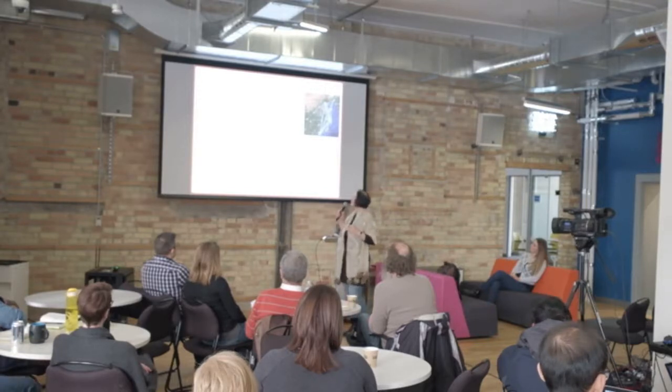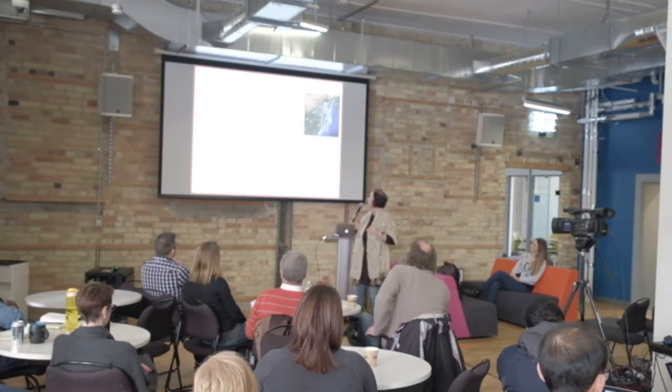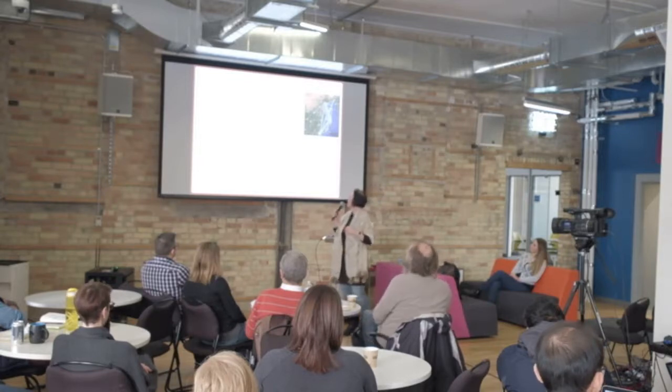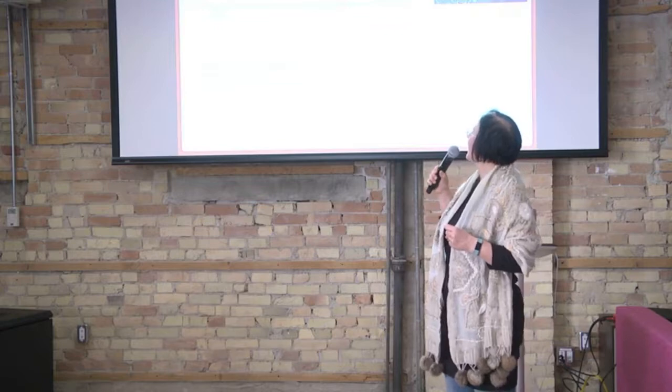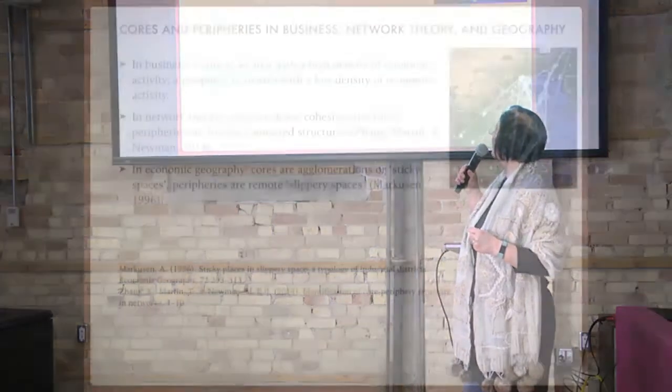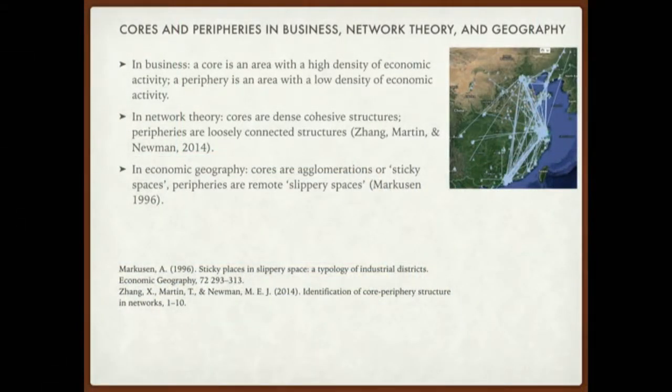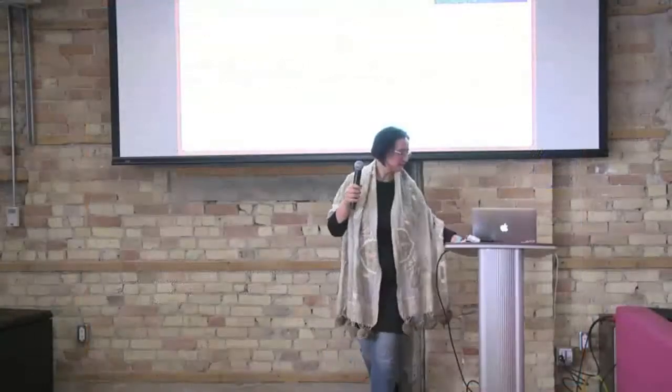In economic geography, cores are agglomerations or sticky spaces. Peripheries are more remote and slippery spaces. In business, a core is an area with a high density of economic activity, and a periphery is an area with a low density of economic activity. And in network theory, cores are dense cohesive structures, and peripheries are loosely connected structures.